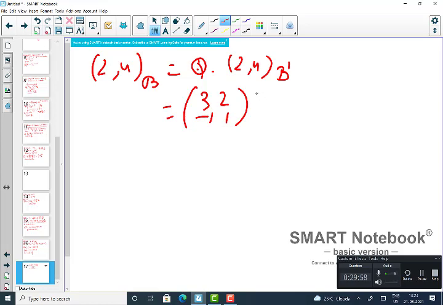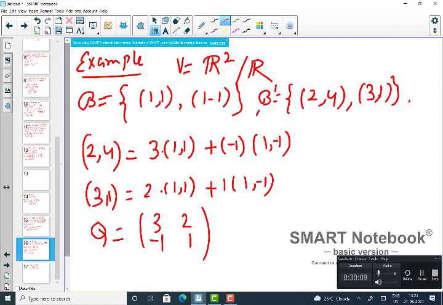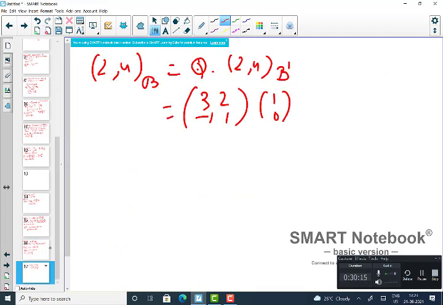And the B dash coordinates of (2,4) are (1,0), always, because when you write (2,4) in terms of B dash, it will be 1 and 0 obviously. It is better to write everything as column vectors.